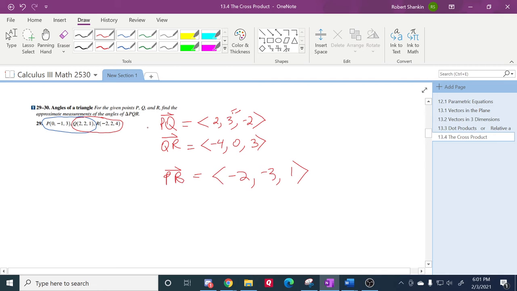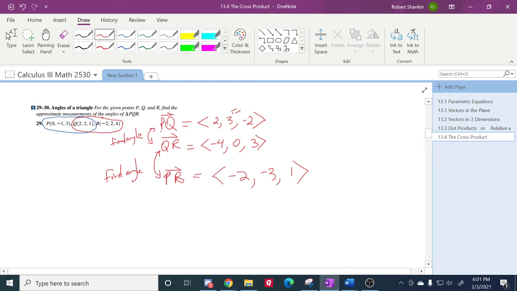So we could find the angle between these two. And then we could do it again. We could do this one and this one, or these two. Find the angle.